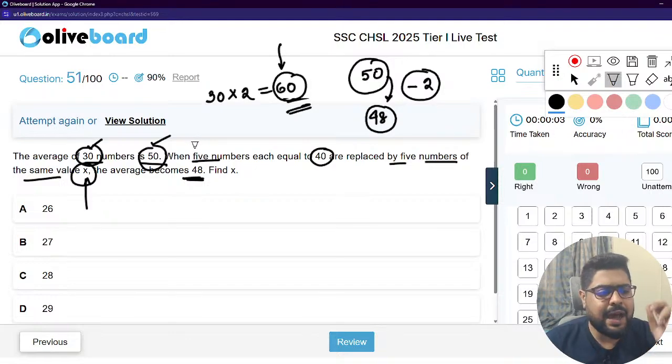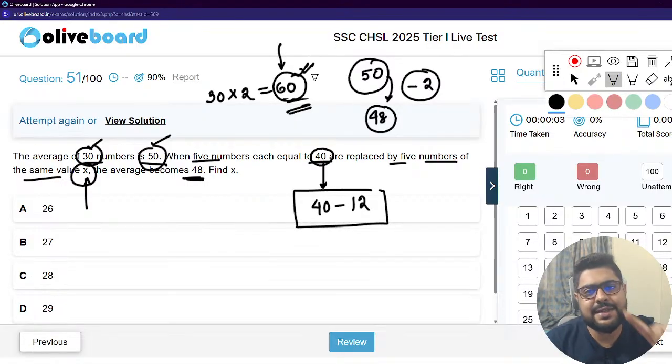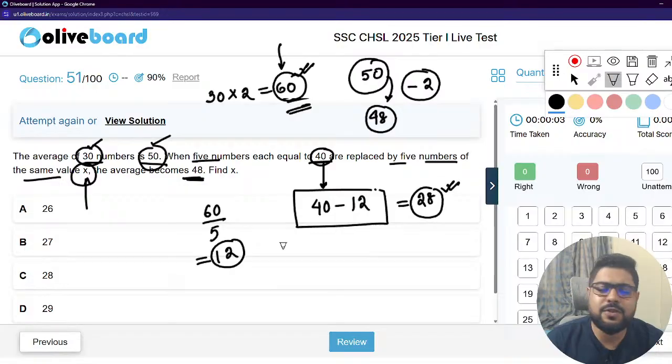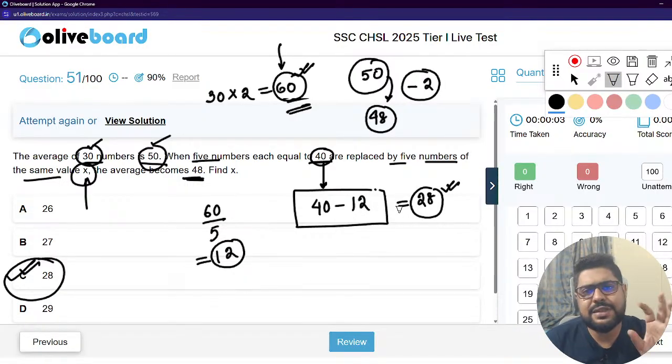Total drop is 60, caused by 5 numbers, so each number contributes 60 divided by 5, that is 12. So each number is 12 less than the average of 40, that is 40 minus 12. Each of those numbers is 28. Option C is the correct answer.